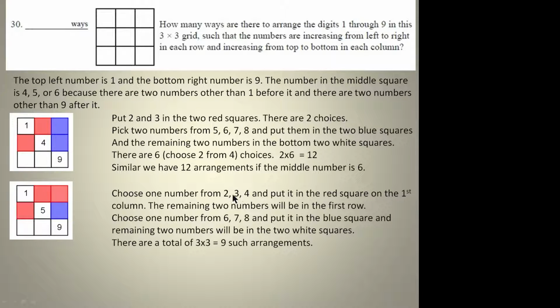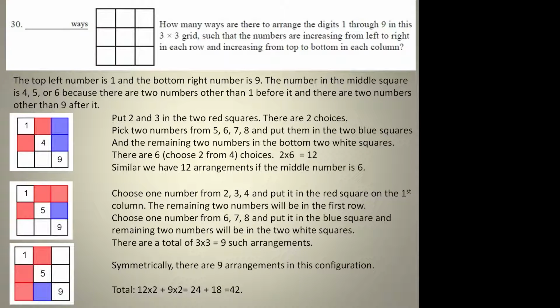So you only have 3 ways to fill in the red squares. The remaining 3 numbers, 6, 7, 8, will be here and here. For the blue one, you just choose 1 of them to put here, then the remaining 2 numbers will be in the correct order. For example, if you put 7 here, then 6 must be here and 8 must be here. So you have 3 ways to fill in these 3 squares, and 3 ways for the red ones. 3 times 3 is 9.